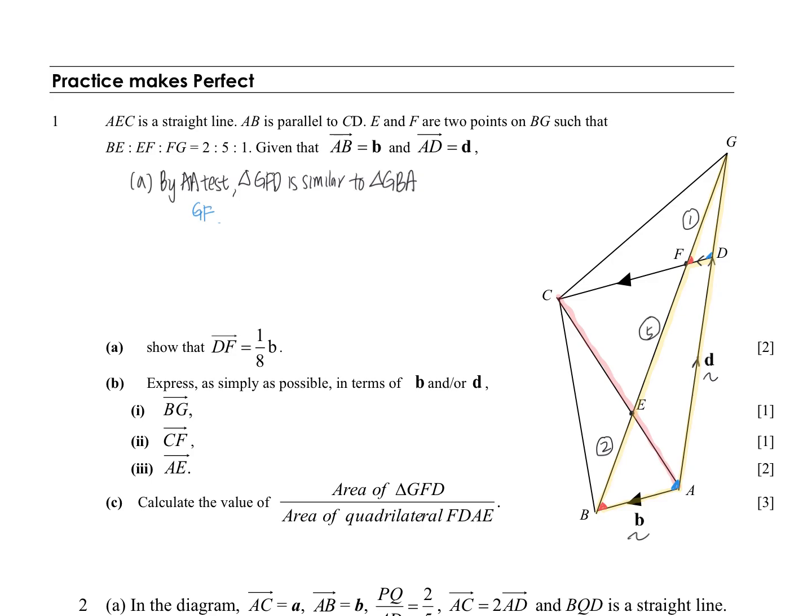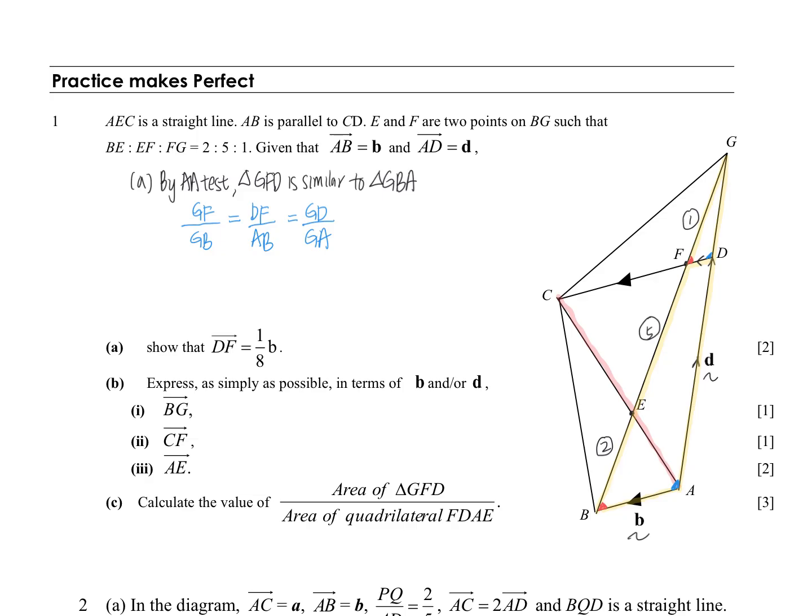GF and GB should be equal to FD and, oh no, let's write DF in the direction they want. So DF and AB. The soap dispenser spoiled. Oh, okay, I let them know. GD and GA. So these three corresponding sides must have the same ratio.